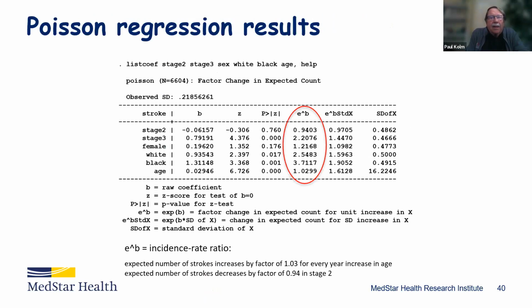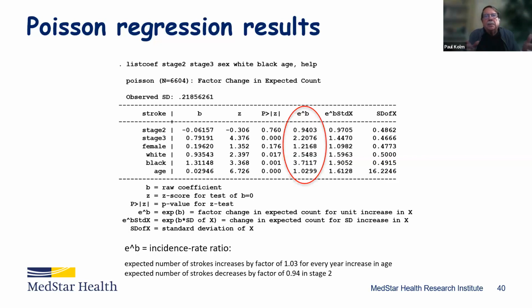If we look at stage 2, where it's 0.94, that's less than 1, so it decreases by a factor of 0.94 in stage 2, or by 6%. And for stage 3, you can see that the incident rate ratio says they're about 2.2 times more likely to have a stroke than patients in stage 1.